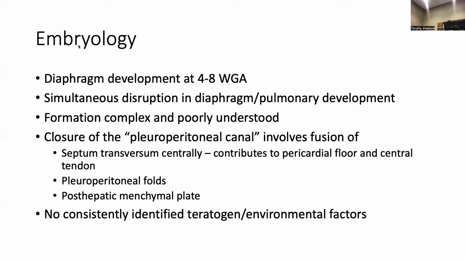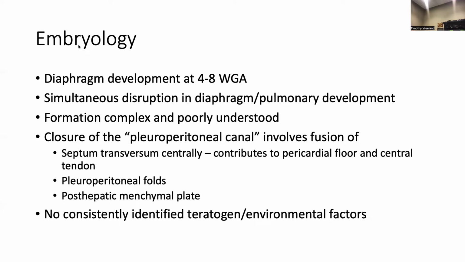The pleuroperitoneal canal closing involves 3 key structures: the septum transversum centrally, which contributes to the pericardial floor eventually and the central tendon of the diaphragm, the pleuroperitoneal folds, and the posthepatic mesenchymal plate. Closure of all those separates the thoracic cavity from the peritoneal cavity.